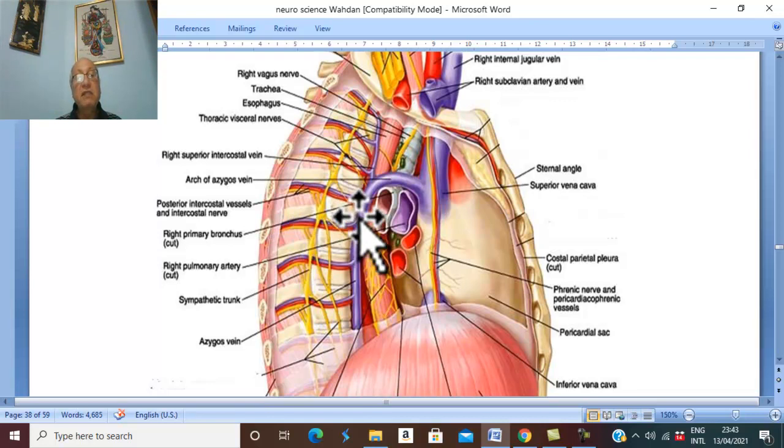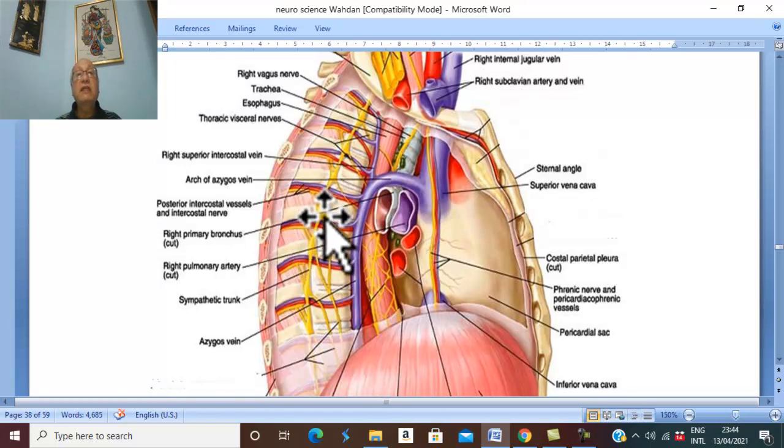Therefore, vessels and nerves running in between the ribs are called intercostal nerves and vessels. There are anterior intercostal nerves and vessels, lying anteriorly, and there are posterior intercostal nerves and vessels. Sure, the thoracic part of the sympathetic chain descends in front of the posterior intercostal nerves and vessels.